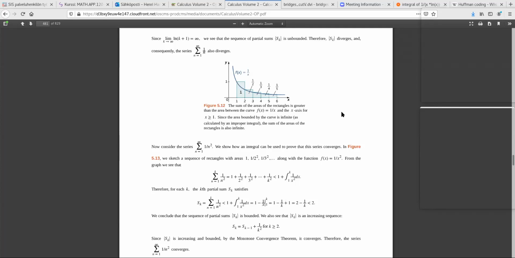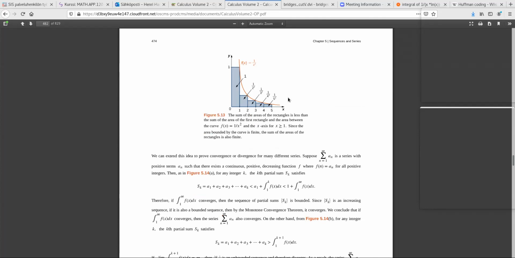When we start here at 1, this particular integral gives us the lower limit. Here was an example. This particular integral gives us the upper limit of that sum.